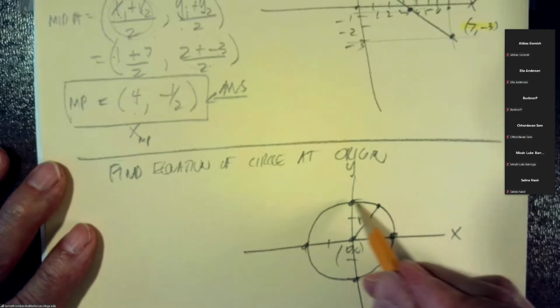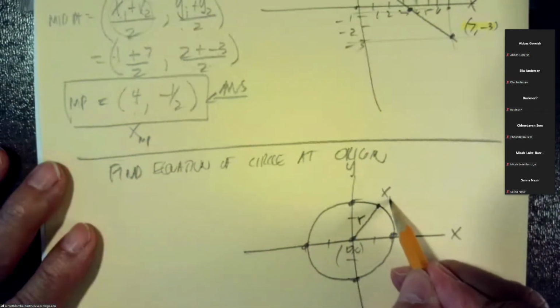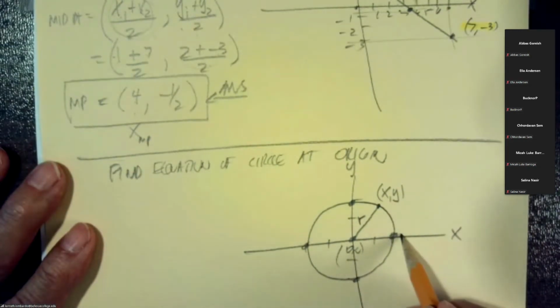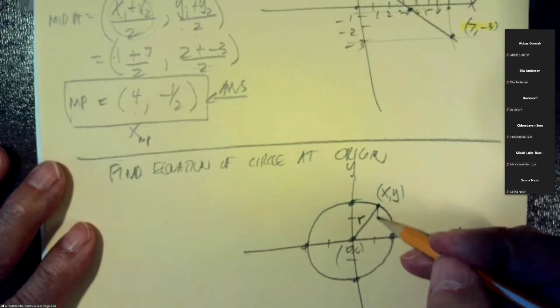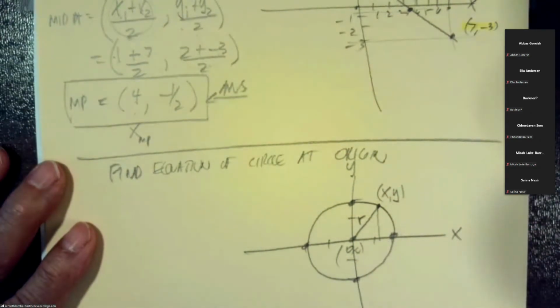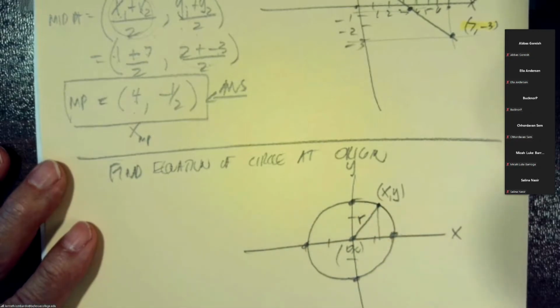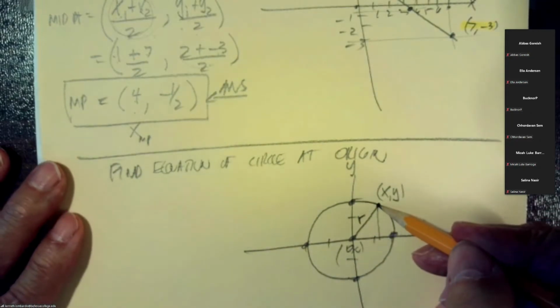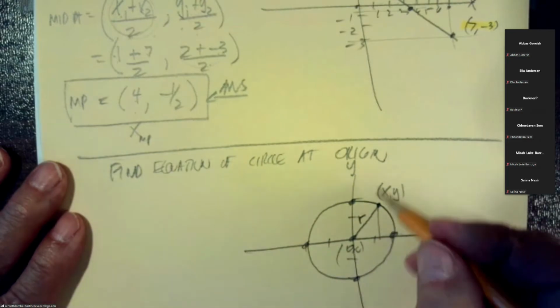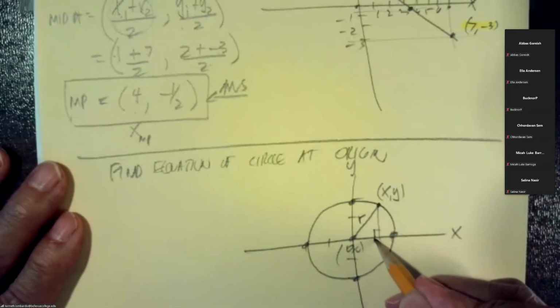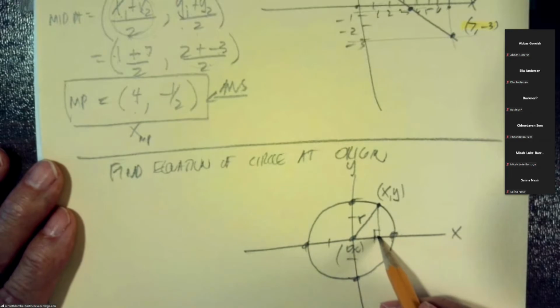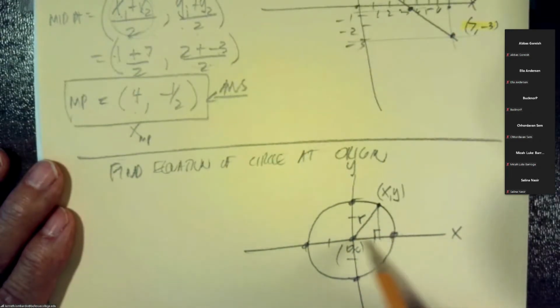And we have a point anywhere on the circle, and that point is X and Y, isn't it? It's over X and up Y. So wherever it happens to be, it's any X, Y on the circle. If I drop a perpendicular line from this point down to my X axis, that is, it comes into the X axis at right angles, then I have a right triangle, don't I?